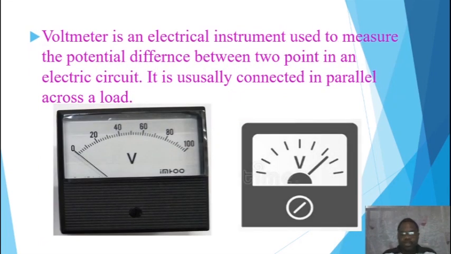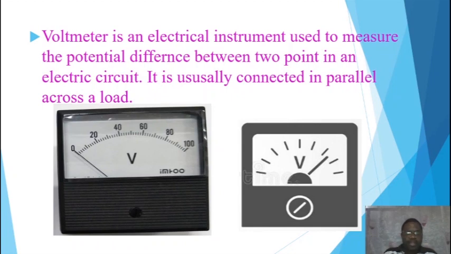Now, the voltmeter. Look at the diagram of the voltmeter. We said the voltmeter is an electrical instrument used to measure the potential difference between two terminals in an electric circuit. So the voltmeter, unlike the ammeter, is usually connected in parallel across a load.